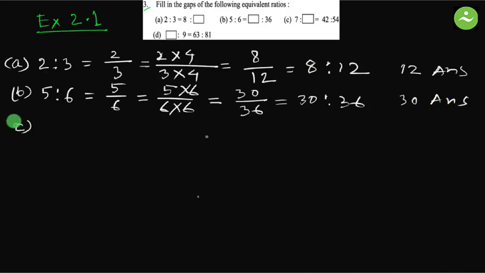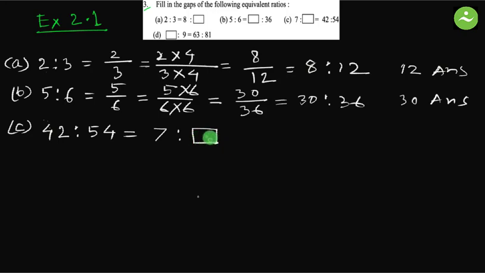C. 7 is to empty box equals to 42 is to 54. We have to find the value of this blank or the gap. So if we change the side, we can write 42 is to 54 equals to 7 is to gap.